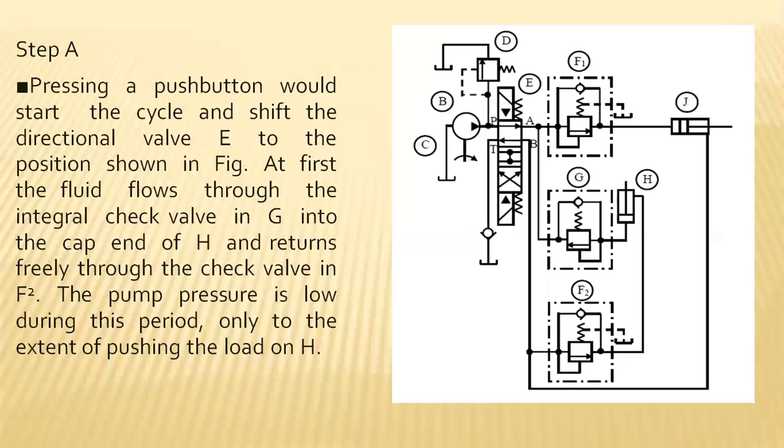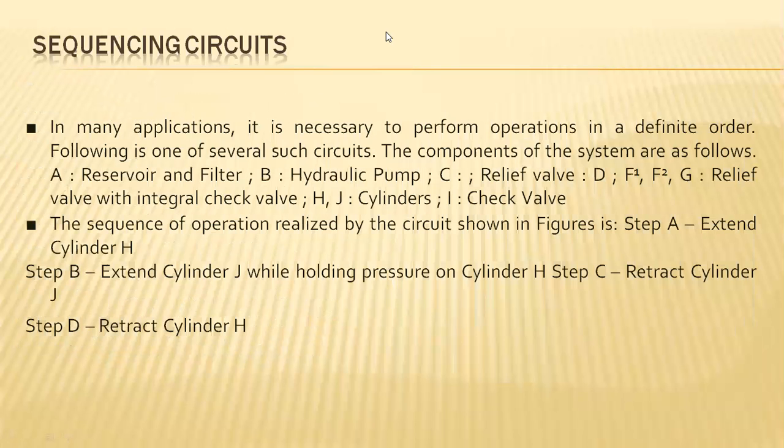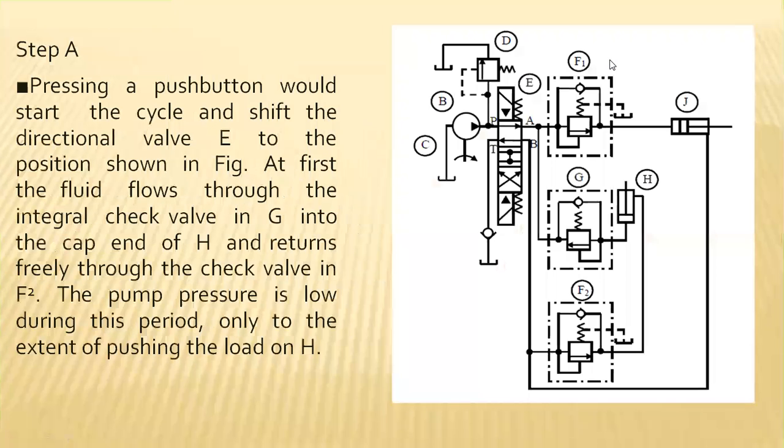So here we have F1 and F2 as two different sequences. Here F1, F2, G are acting as the sequence valves, and D is an inlet sequence valve which is controlled before entering into the circuit system.